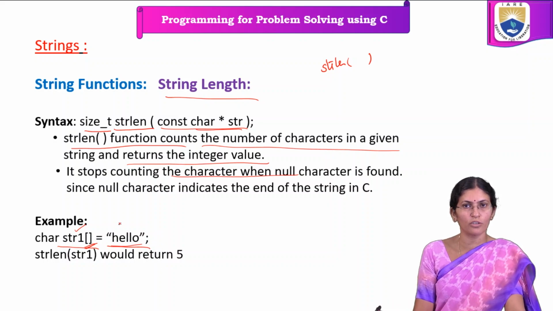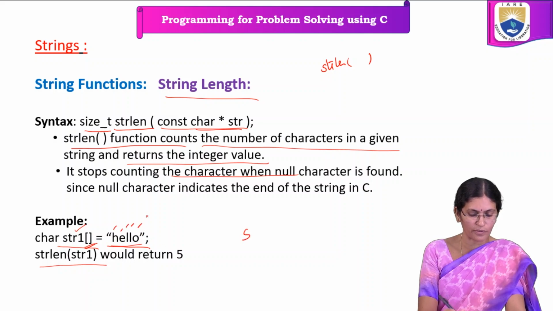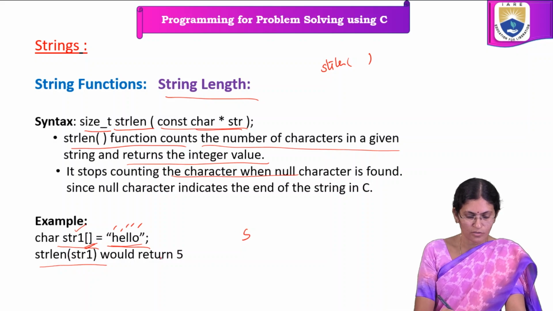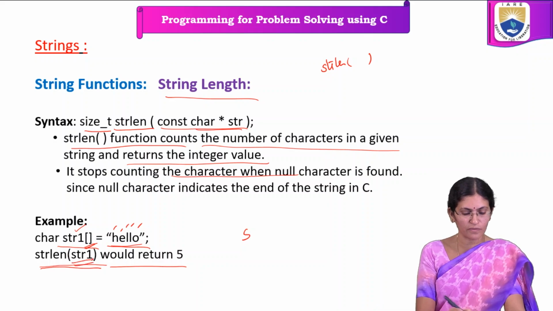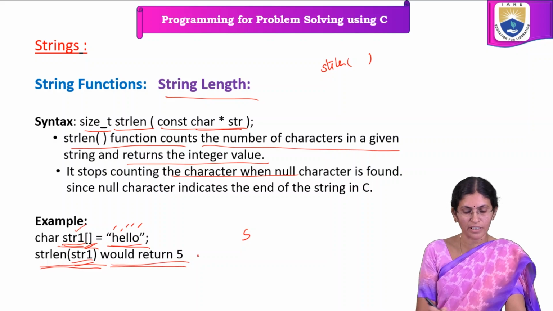So the compiler will automatically add the null character for this string. In order to find out the length of this string hello, there are 1, 2, 3, 4, 5 characters in the string. So when you apply strlen, the argument it takes is the name of the string, str1, and therefore it would return 5.